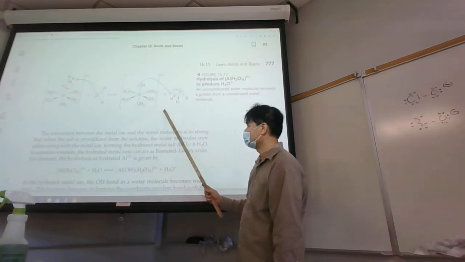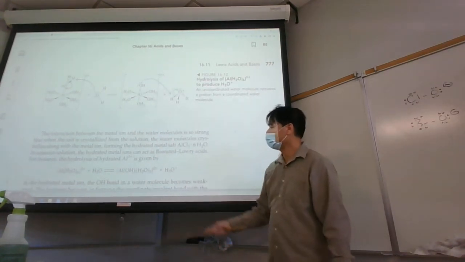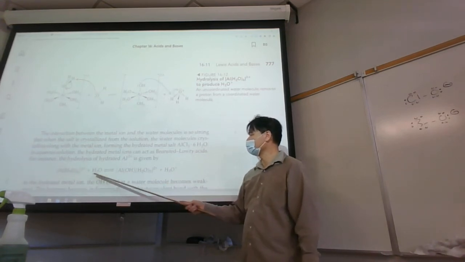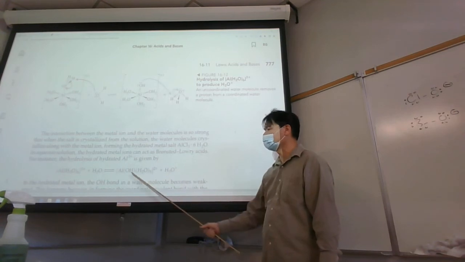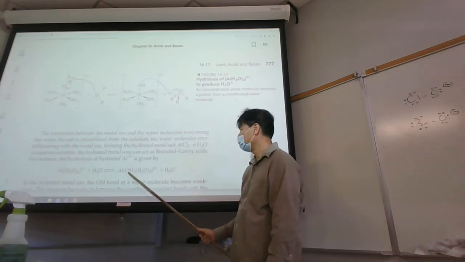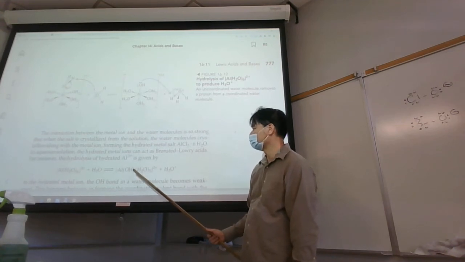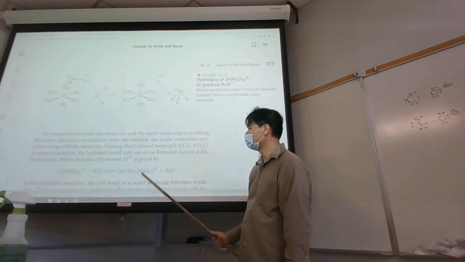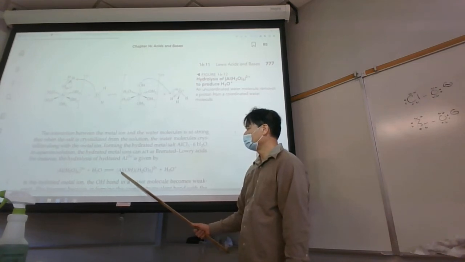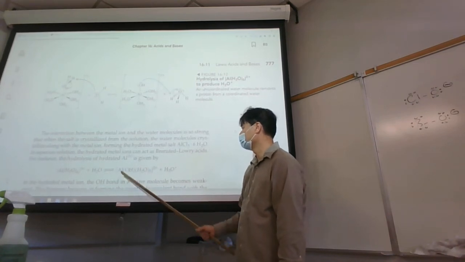And so this is the Ka reaction. The Ka reaction is just shown here. The hexa-aqua aluminum 3 plus water forms hydronium plus this. How would we name this? We would name this penta-aqua hydroxo aluminum 3. Yeah, okay.